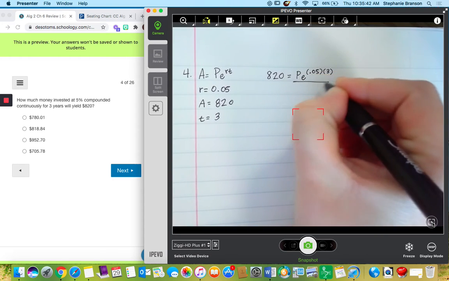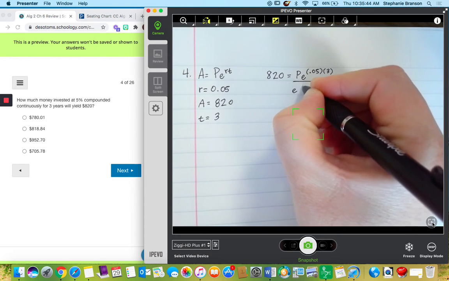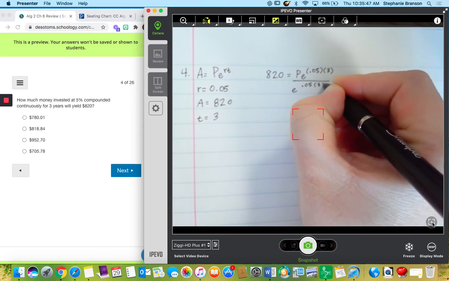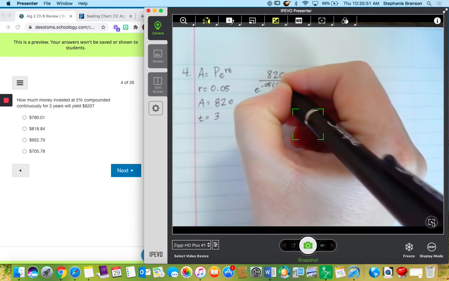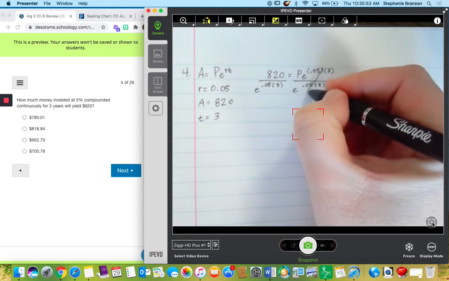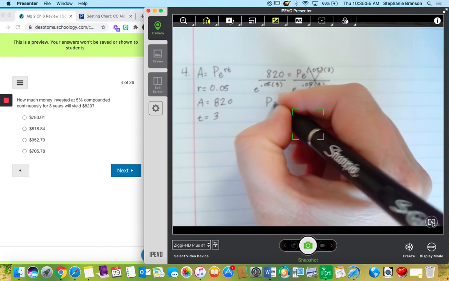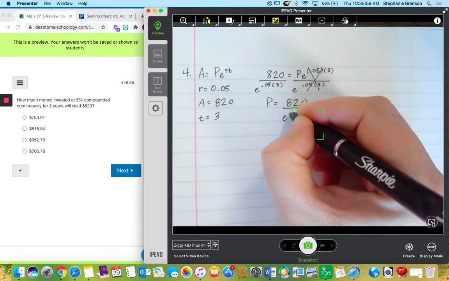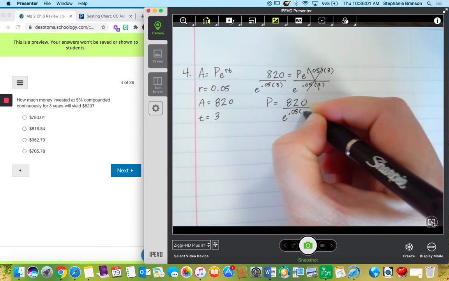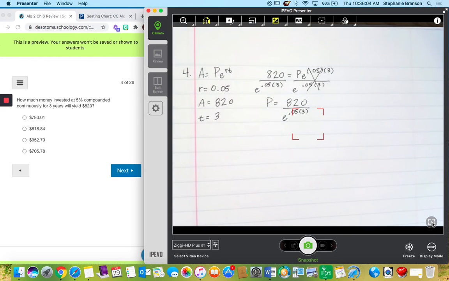So I'm going to divide both sides by that. So this cancels out, and I'm left with P is equal to 820 divided by E to the 0.05 times 3. So I go to my calculator.